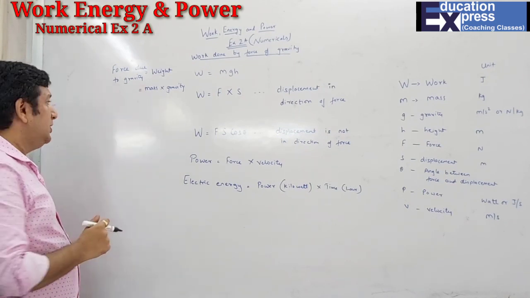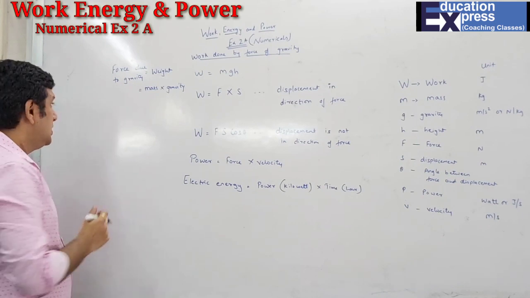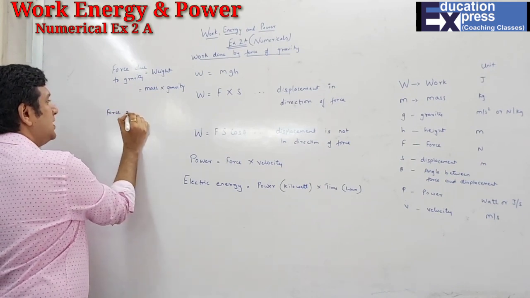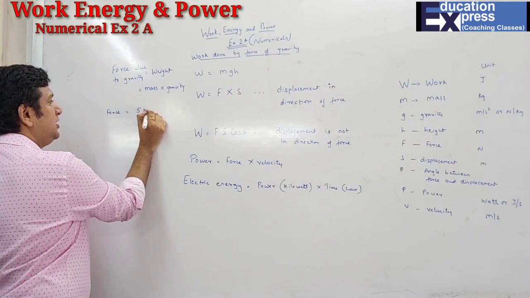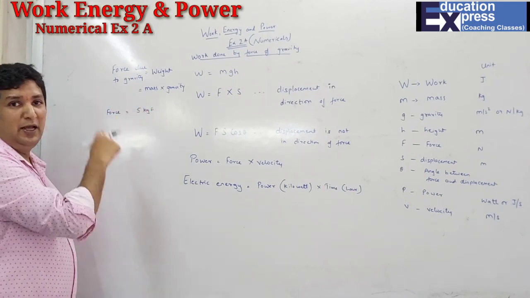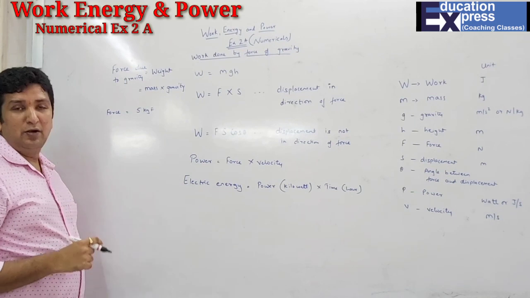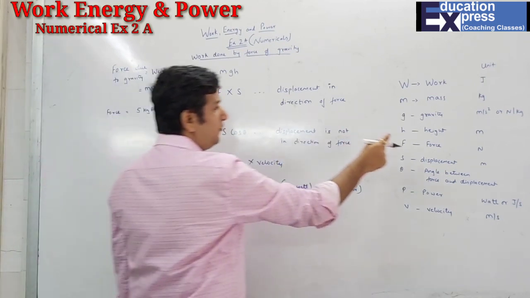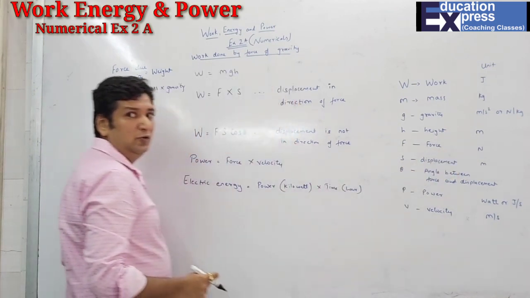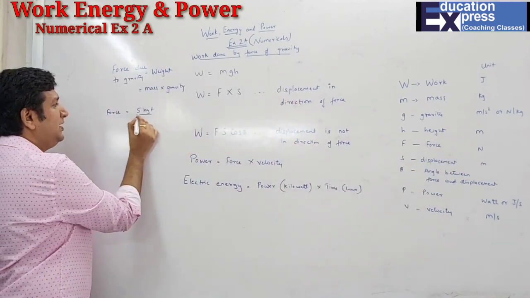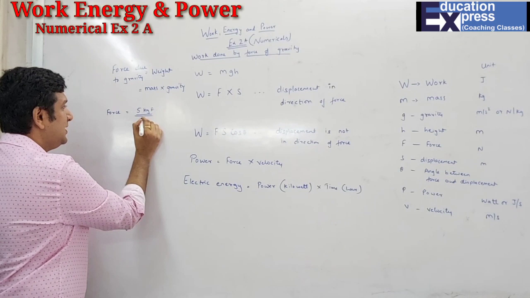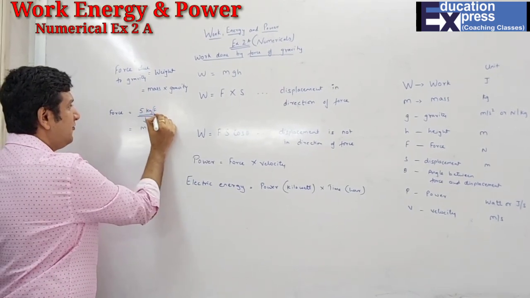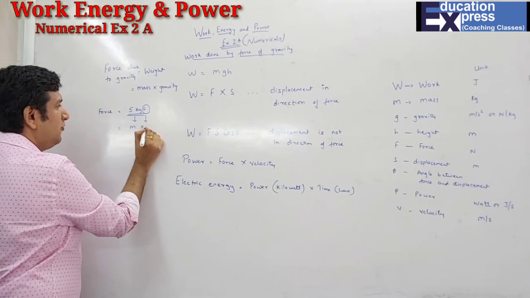Now students, over here one more point to notice: in case they give us the force as 5 kgf, this you cannot use while solving the numericals over here. The reason is that the unit for force has to be compulsorily Newton. So what does this kgf indicate? It indicates that 5 kg is nothing but the mass, and F is nothing but the force of gravity.